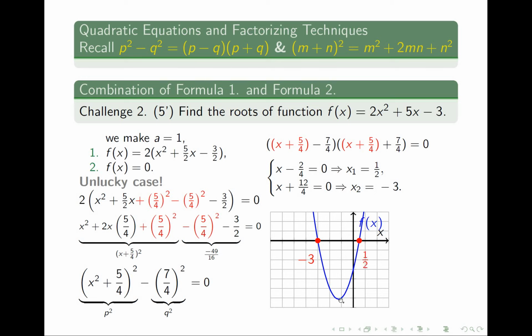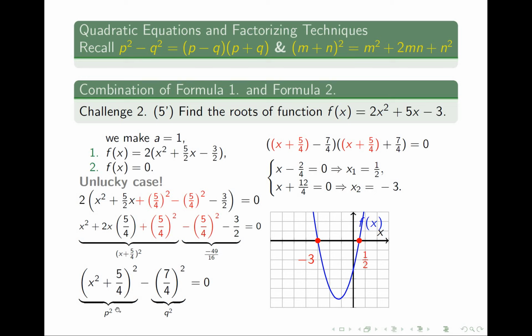And again, we have a vertex here, and this vertex has the following coordinates. So again, this expression in the parentheses can never be negative, and the minimum amount this expression in the parentheses can get is 0. So to get this 0, we have x equal to minus 5 divided by 4, which is the x coordinate of this vertex.